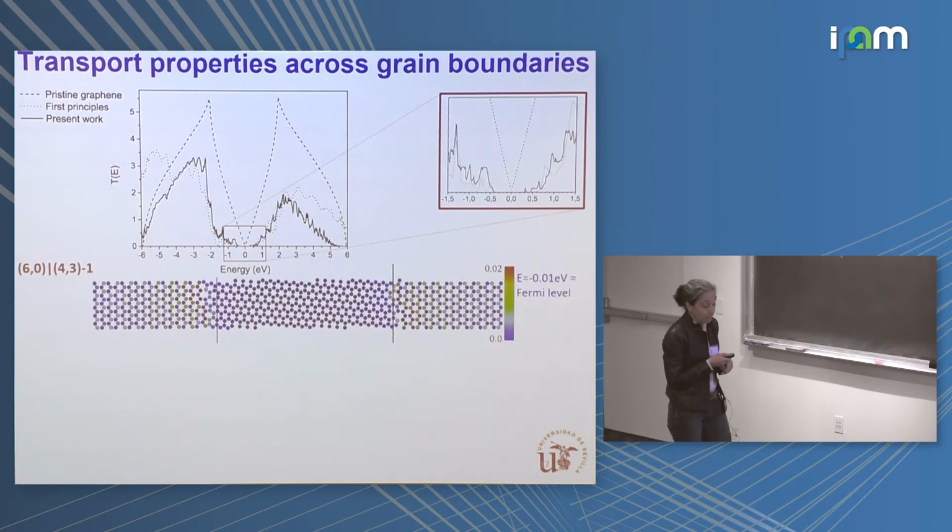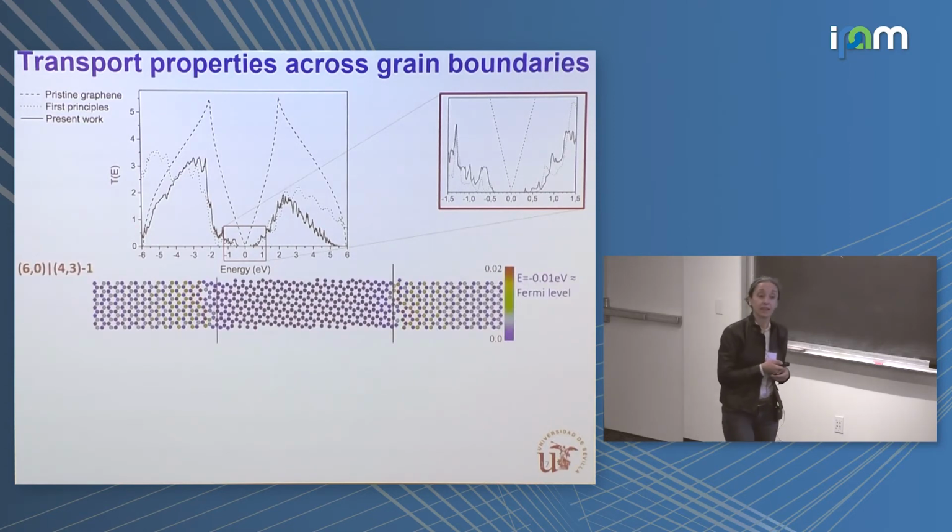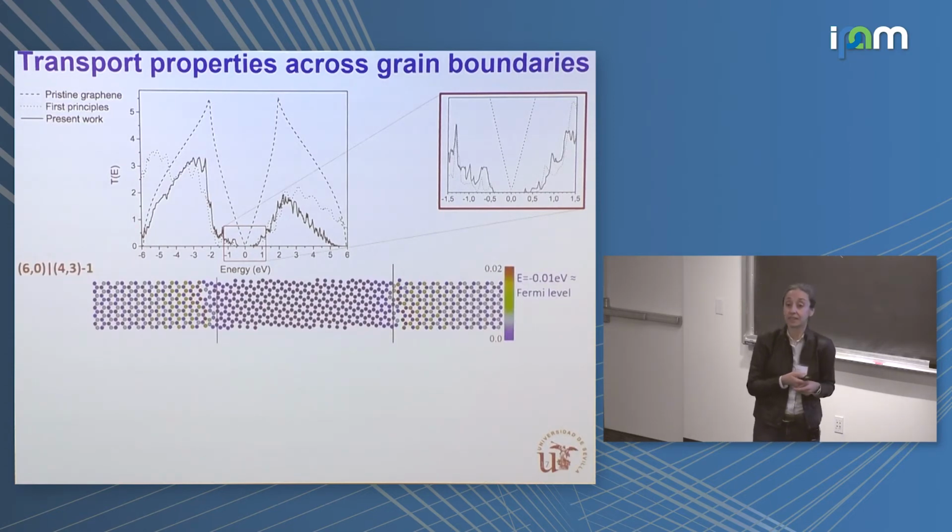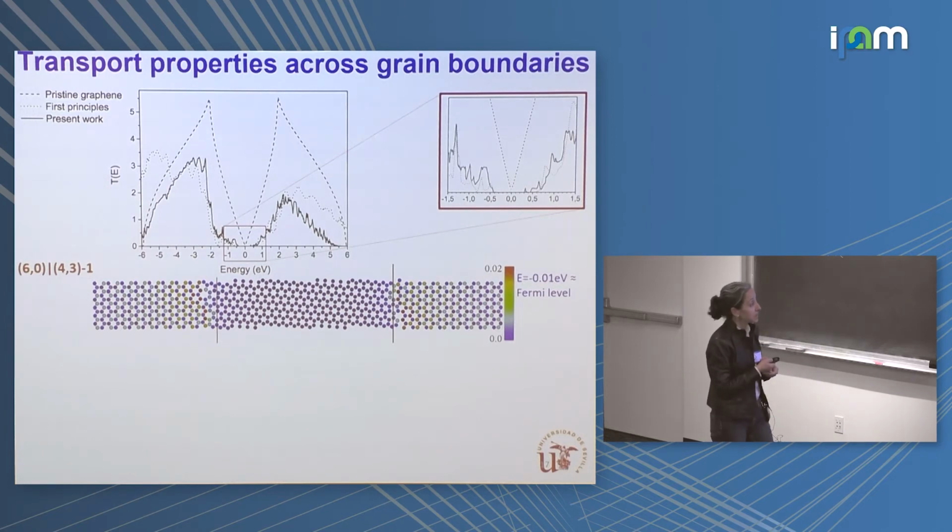And you can also compute the local density of states. So just to check, for this configuration, that when the energy is at the Fermi level, you don't have transmission here.